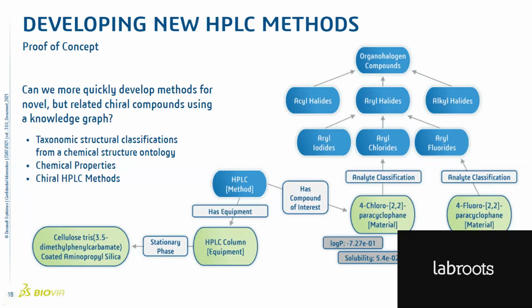And then we're connecting the information about the physical constants as well as the structural information with HPLC method information like the stationary phase, the mobile phase, and all of the conditions that were used to separate those materials. So if we have this all in place, can we use a knowledge graph data model to more quickly develop methods for novel but related chiral compounds?